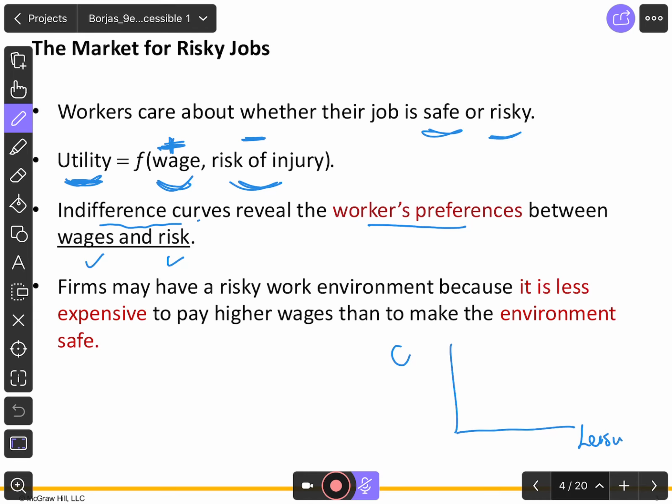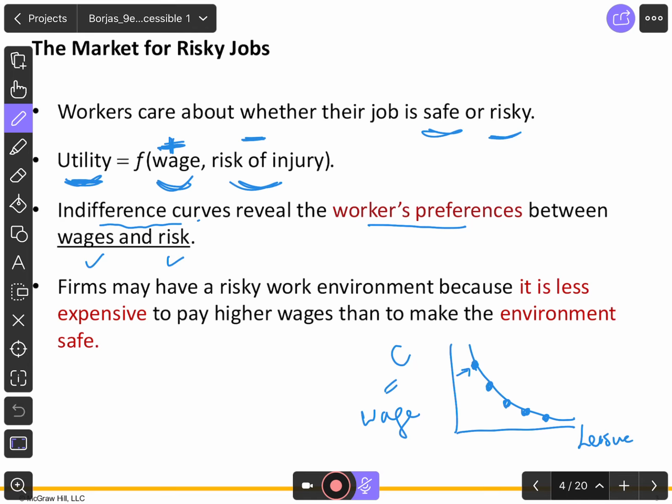You can think of consumption as your spending or your wage. So they look at different combinations between wage and leisure time, such that they are satisfied, they're happy.